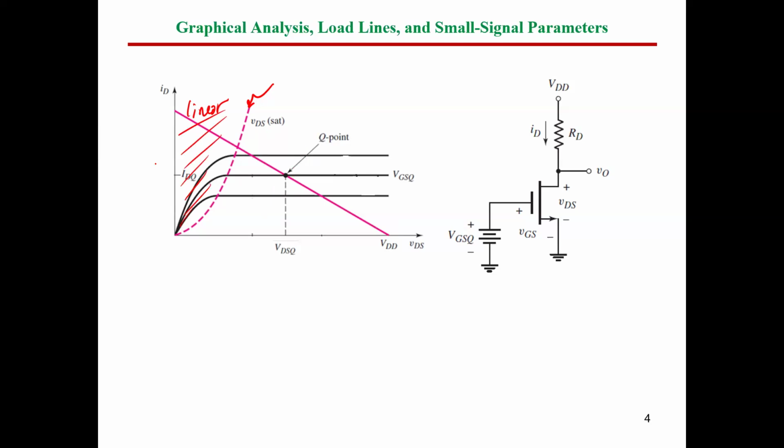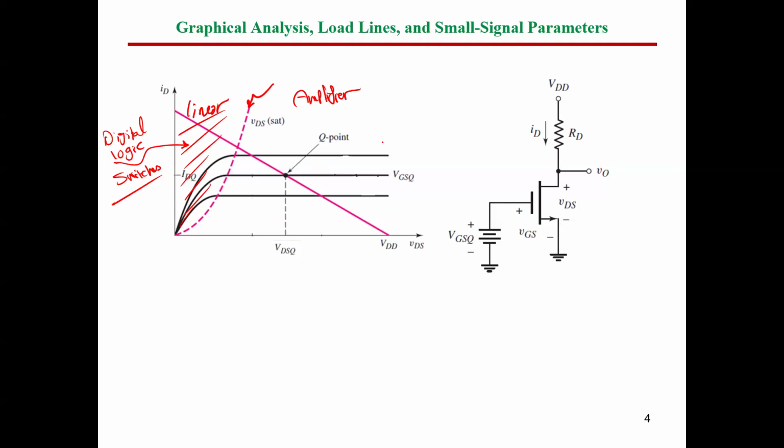The linear region is used for digital logic and for switch applications. But in the saturation region, we use it for amplification. So our target is going to be only the saturation region for this application.